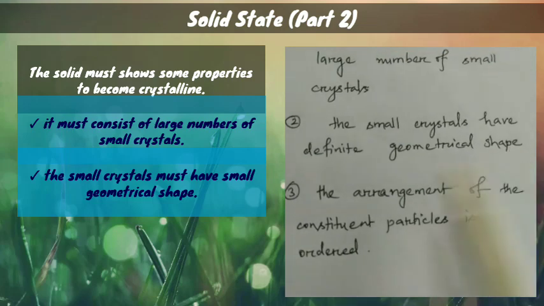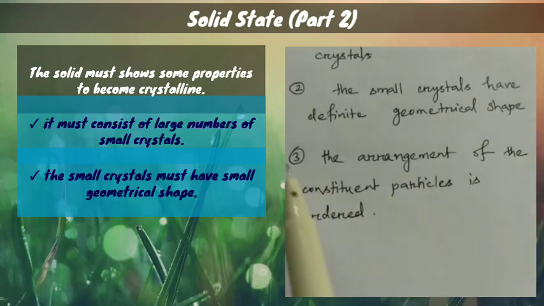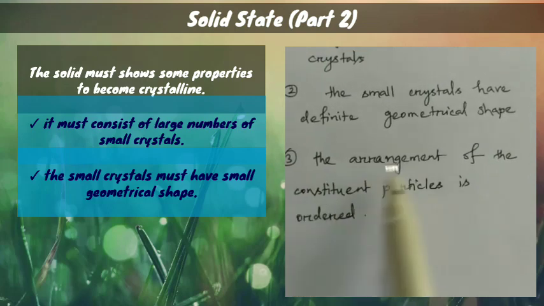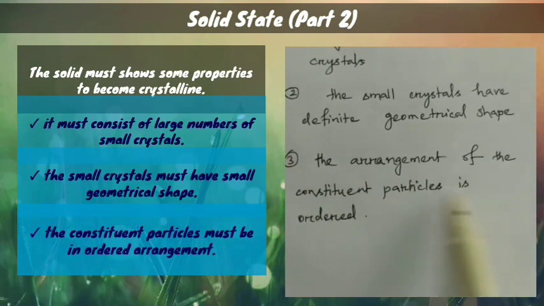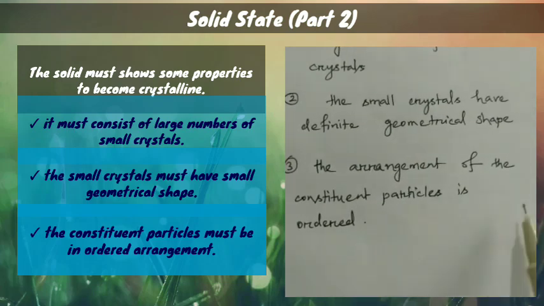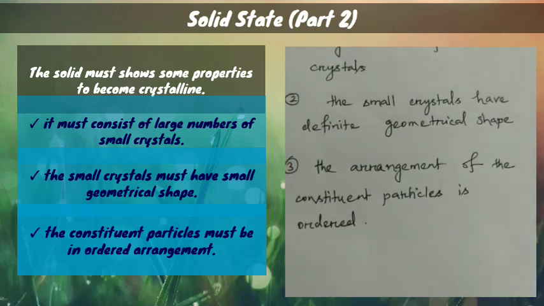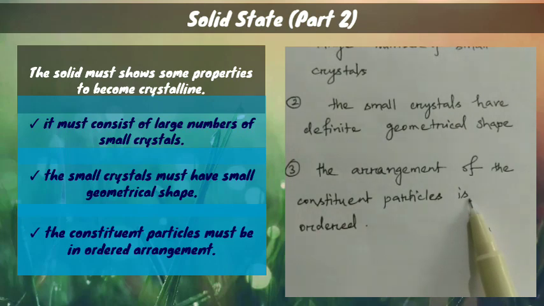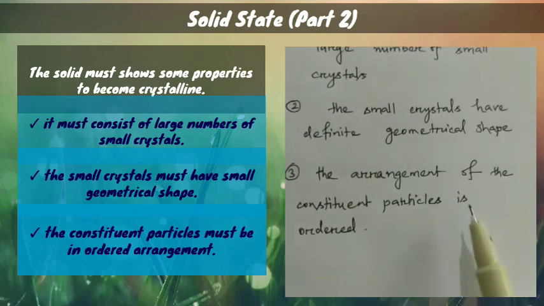And the main point is that the arrangement of the constituent particles is ordered. What is the meaning of it? The constituent particles, whether molecules, atoms, or ions, must be in ordered form.